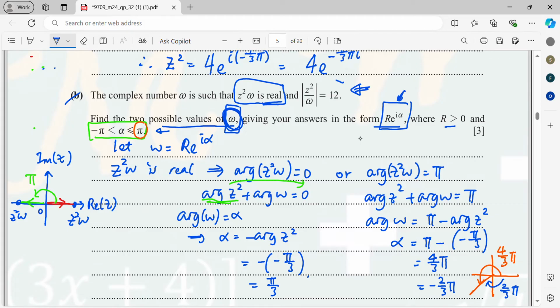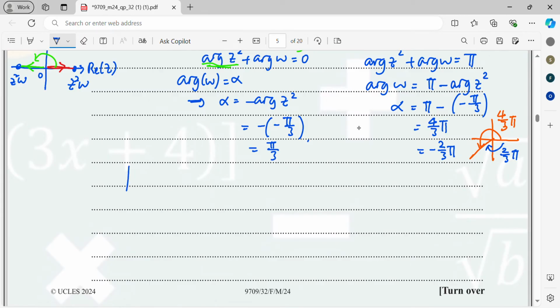So the r is found using this modulus. So now modulus of z squared w is 12. So that means here I can change to modulus z squared times modulus w is 12. And I need to find out what is my omega.